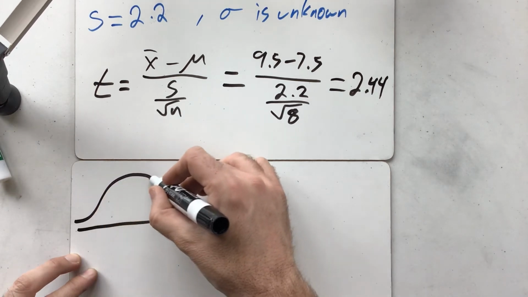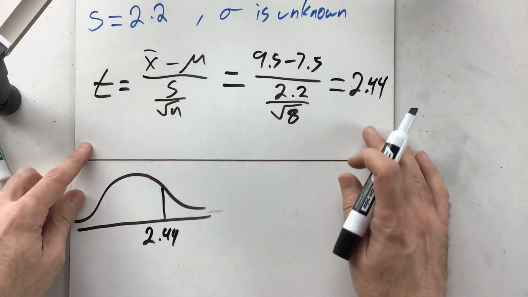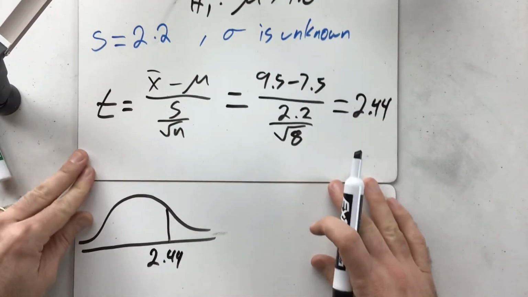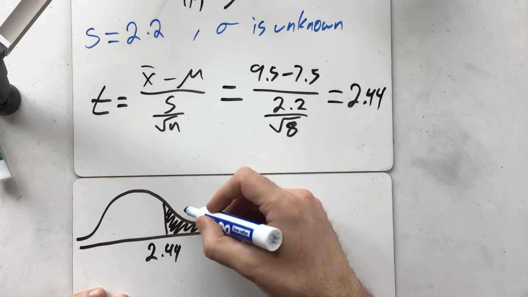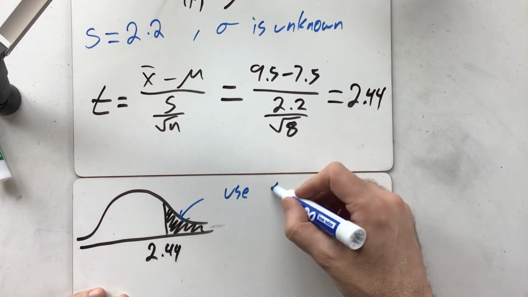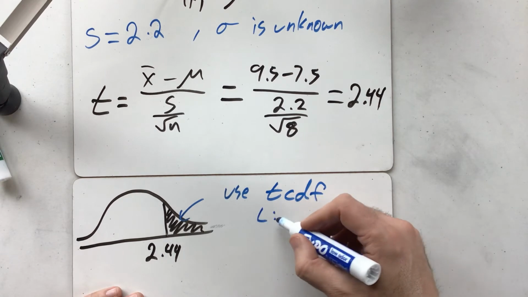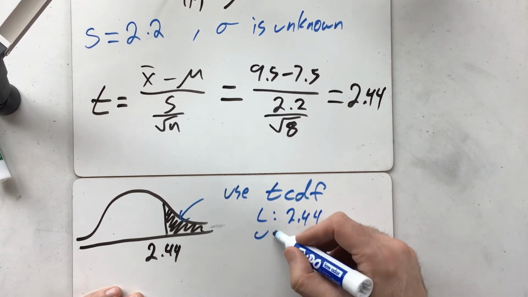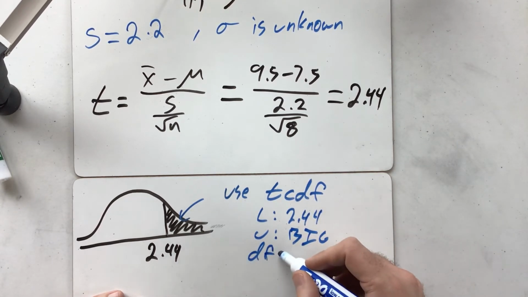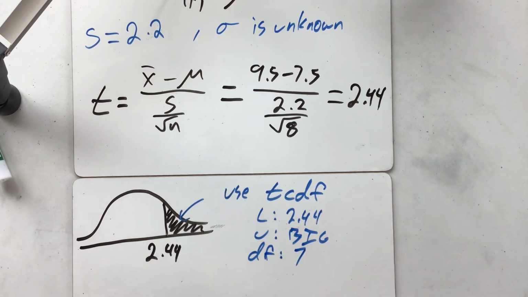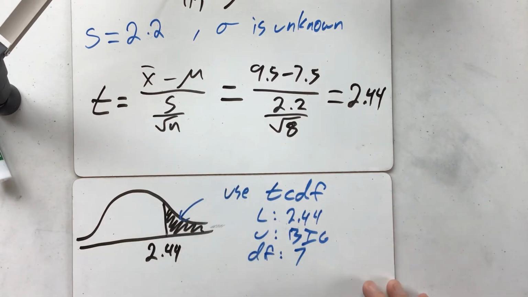When I draw my p-value, I'm going to put 2.44 right here. And again, we have a greater than sign, so we're looking at the right-hand side of 2.44. And that's our p-value. Now we need to use tcdf with a lower of 2.44 and an upper of your favorite really big number, and degrees of freedom of 7, because our sample size n was 8, so we always reduce by 1 to get 7.